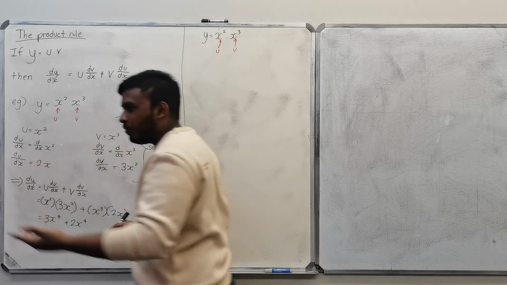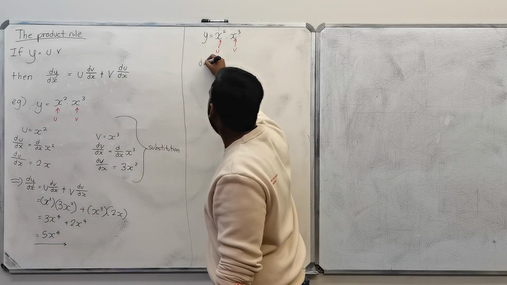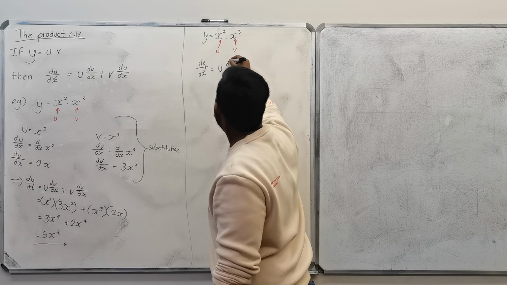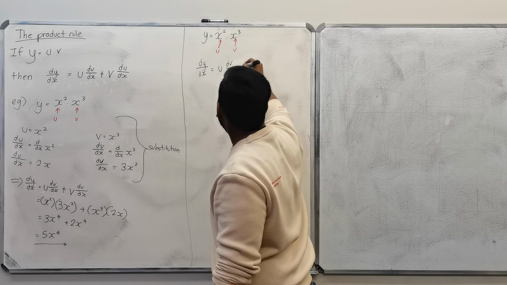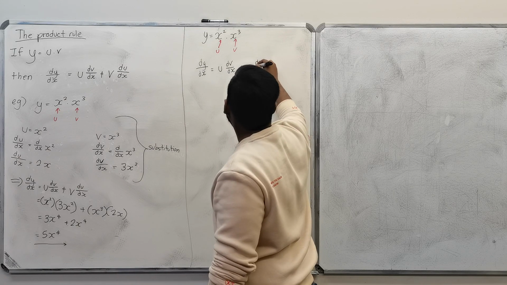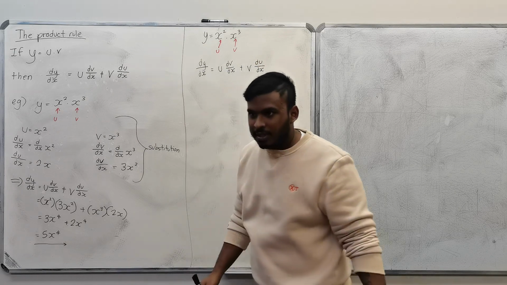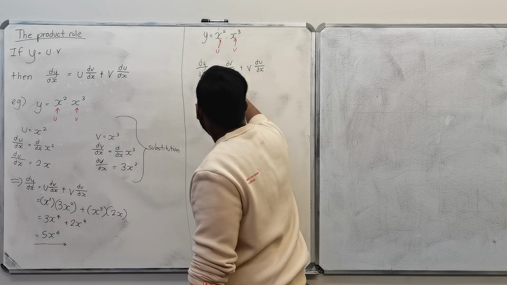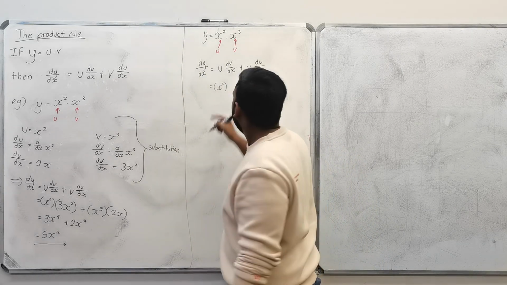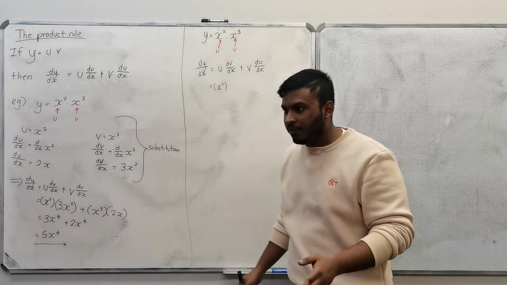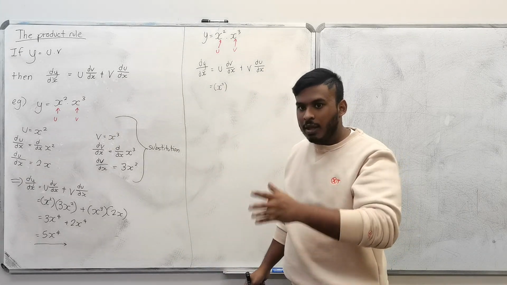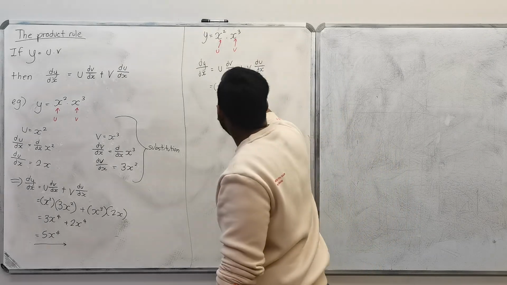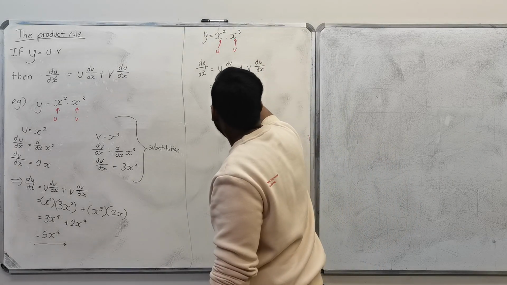My product rule formula says that dy over dx is equal to u times dv over dx plus v times du over dx. u is equal to x squared times the derivative of equation v with respect to x.